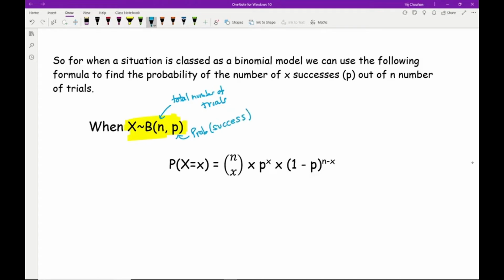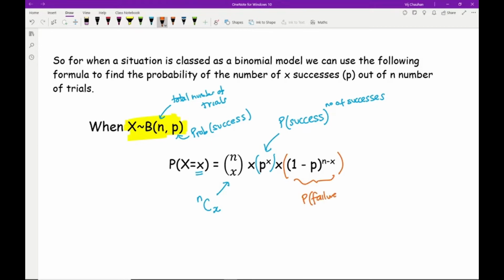To find the probability of x number of successes, what we need to do is this: nx is basically nCx. This part here is the probability of a success to the power of the number of successes. And this here is the probability of a failure.